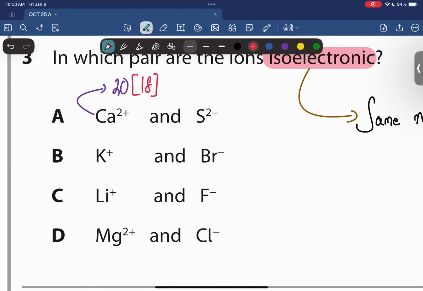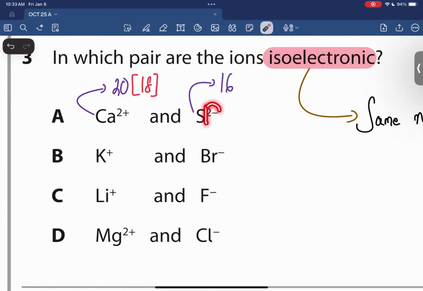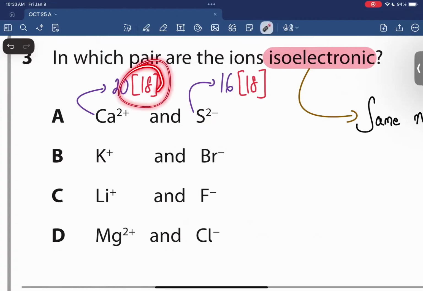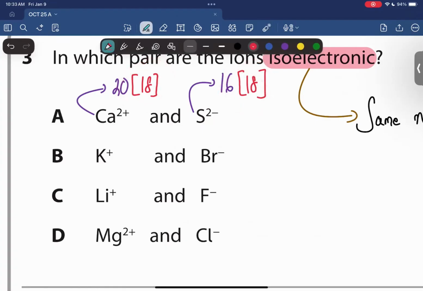And for sulfur, the atomic number is 16. But since it has a charge of 2 minus, it means that it gained 2 surplus electrons. So it has a total of 18 electrons, right? Since both of these have the same number of electrons, they both are isoelectronic ions, and hence A should be our answer to this question.